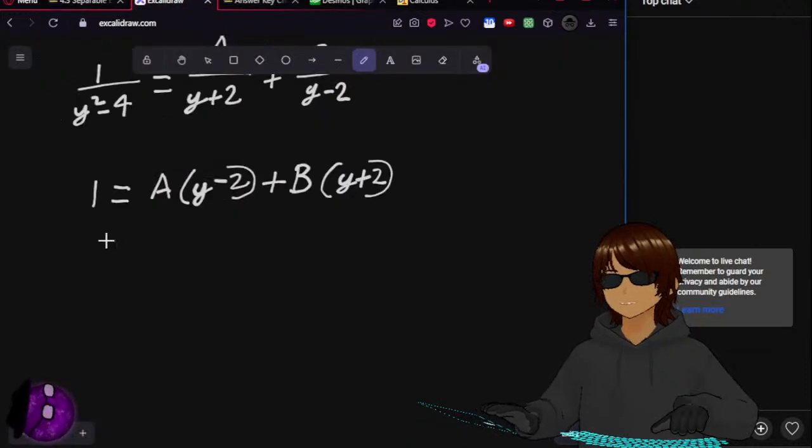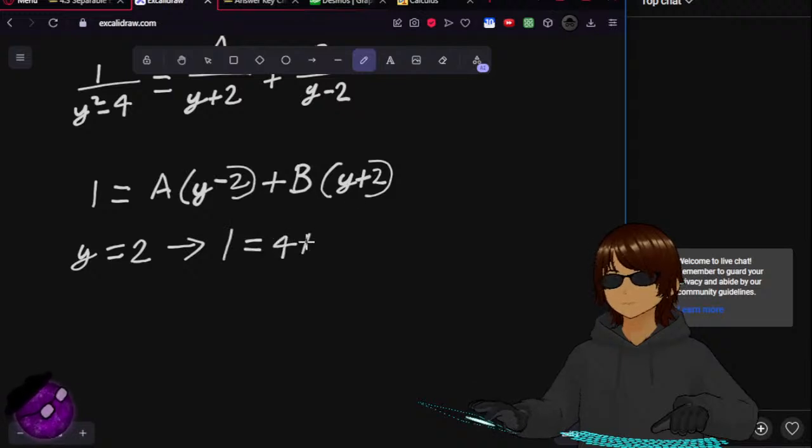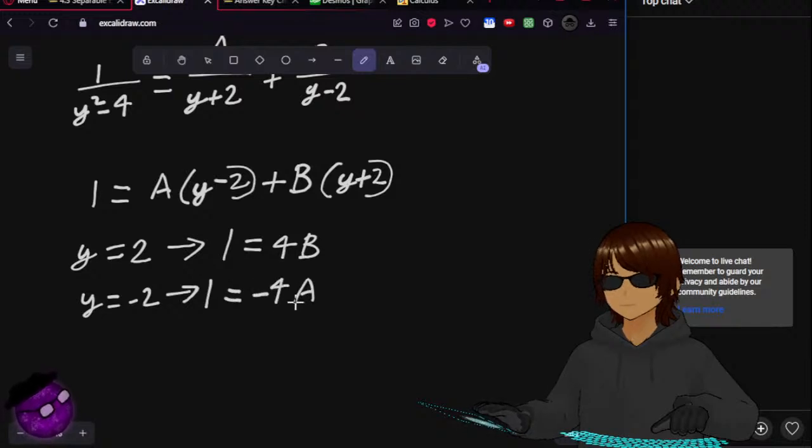Oh yeah, if y is equal to 2, this leads to 1 is equal to 4b. If y is minus 2, this is equal to minus 4a.